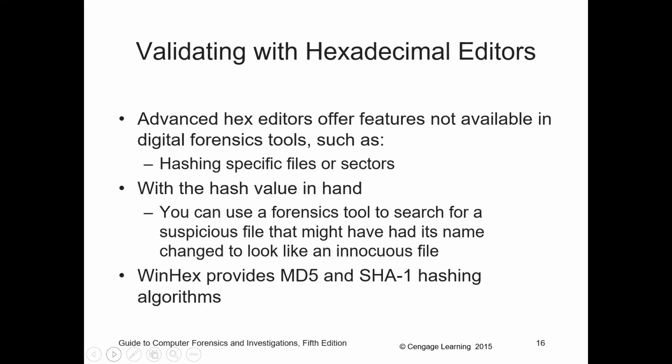We usually use WinHex. WinHex, if you still recall, and you do have that other virtual tool that we shared on the hard disk drives, WinHex provides for SHA-1 and MD5 hashing algorithms.